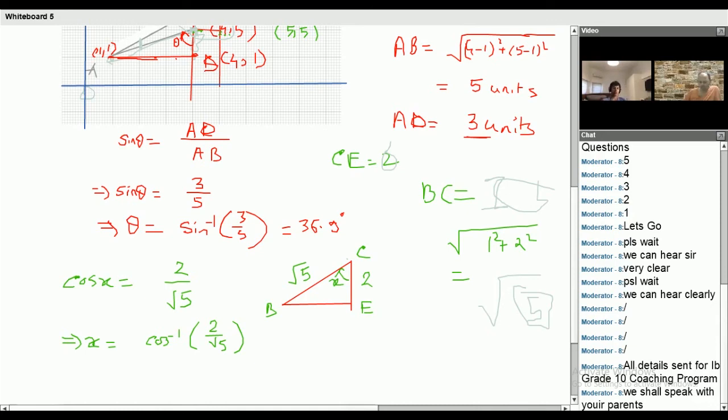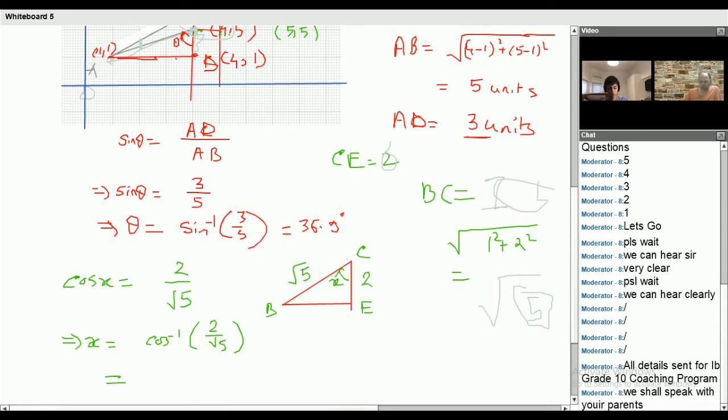It will be 2 over root 5, not 2 over 5. Can you recheck once?